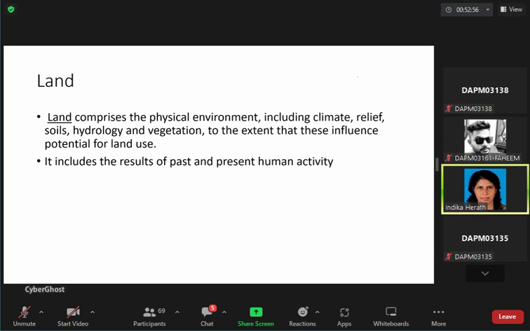These influence the potential for land use. When it comes to land, depending on what environment is present in that land, and also the climate in the area, everything gives a value to the land.